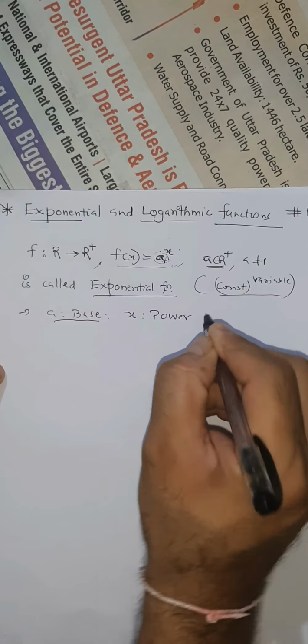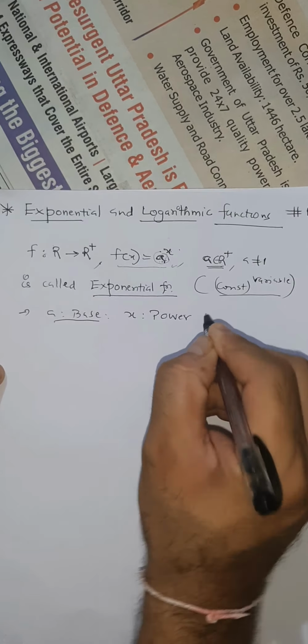You put 2 raised to 0, 1, 2 raised to 1, 2, and try to find the range. It would be R plus, even 0 will not come. And that is the same as the codomain, which was also R plus. So this is an onto function: range equals codomain.